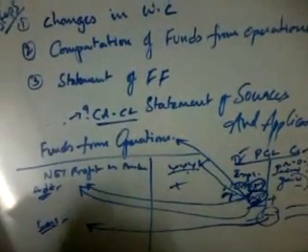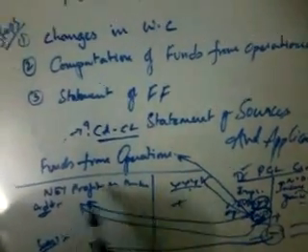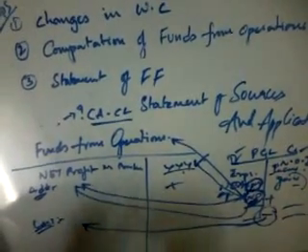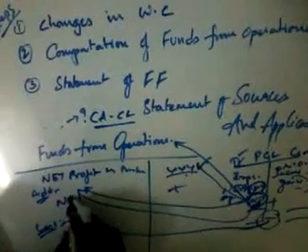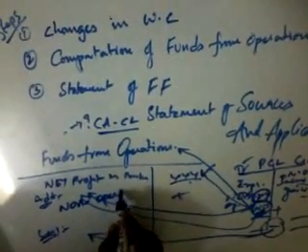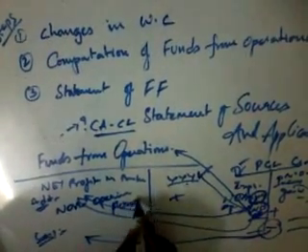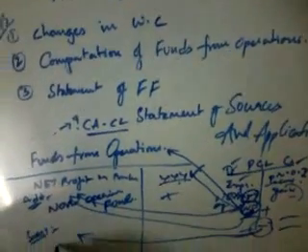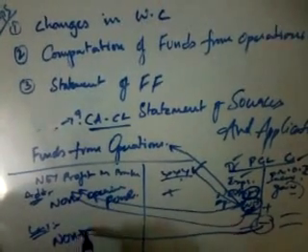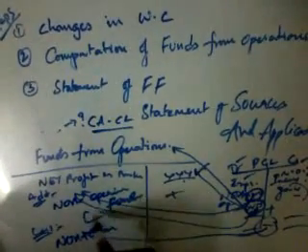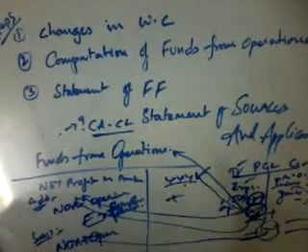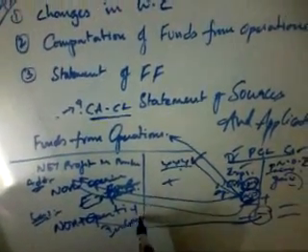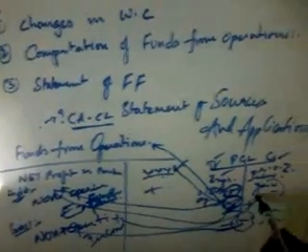We take the net profit arrived for the year end, and we add back the non-operating items which were previously debited in the P&L account, and we deduct non-operating incomes which were previously added to the profit.